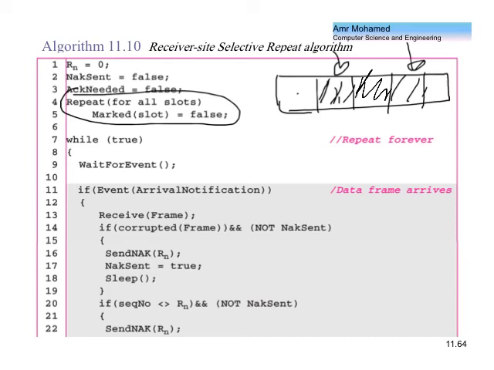So now I receive this one. Should I slide? No. It doesn't make sense. If I slide, I did not receive this frame yet. If I slide one position, then this frame will never be received. So I cannot slide. Later on, the timeout of this frame has expired. The sender will send this frame.